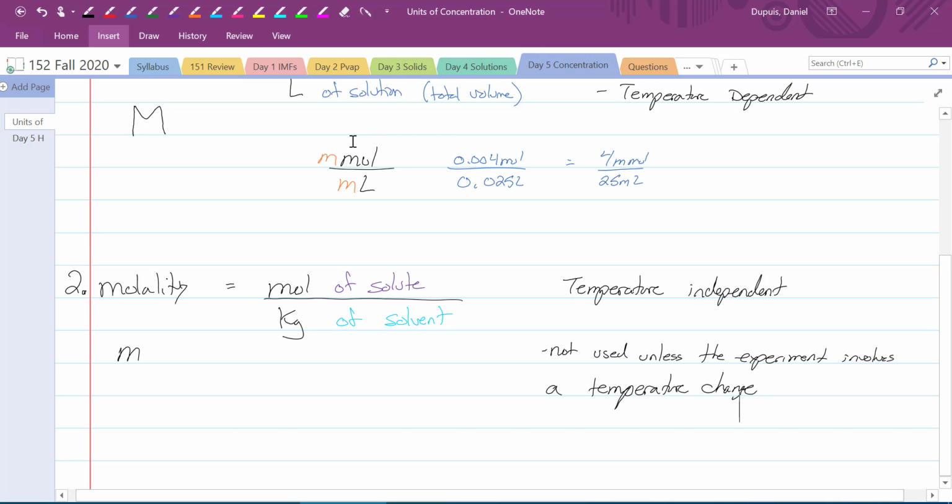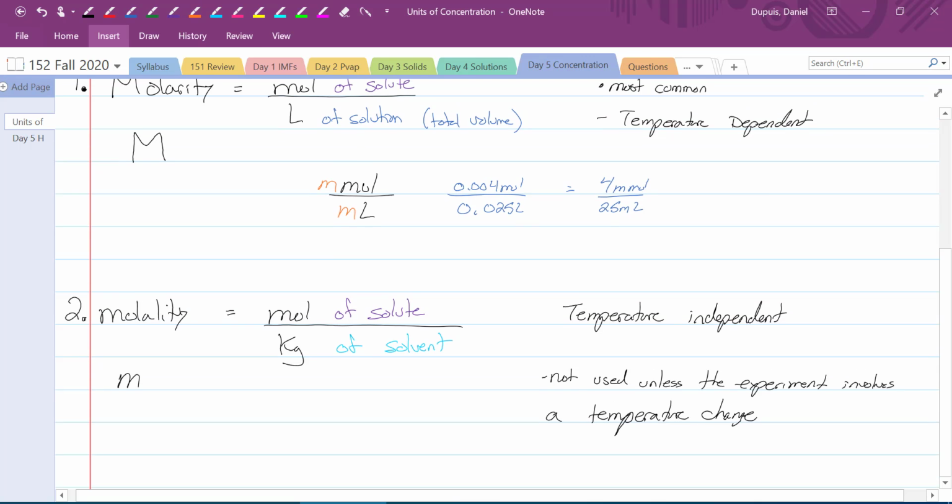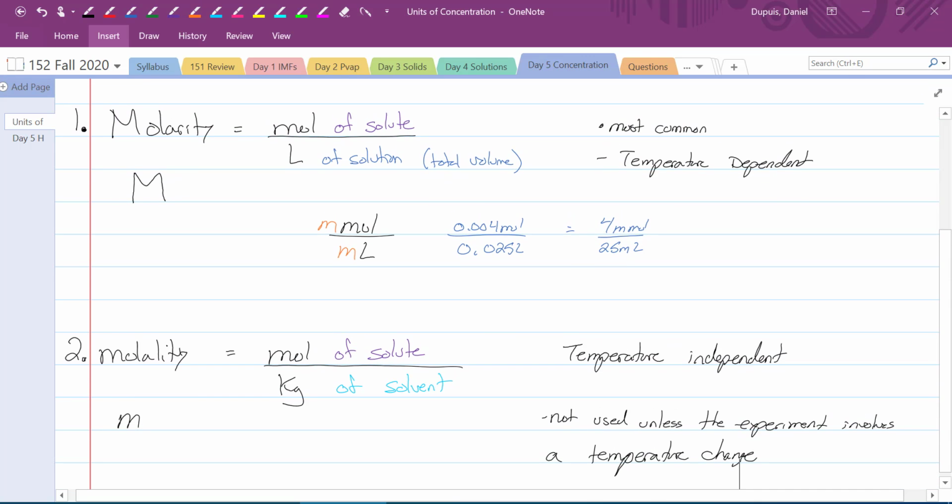Your molarity is going to change with temperature. If you go from 5 degrees Celsius to 75 degrees Celsius, your volume changed quite a bit. For really dilute solutions, molarity and molality tend to be very close to each other. As we get more and more concentrated, they start to diverge.